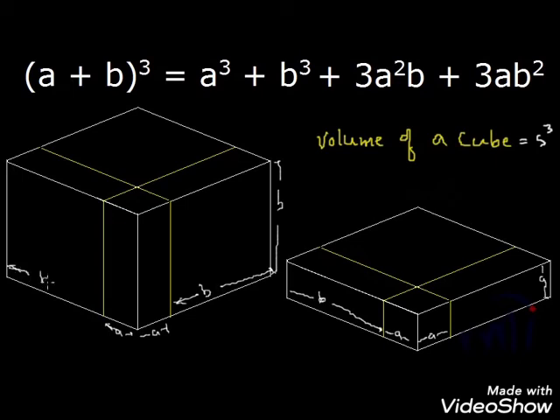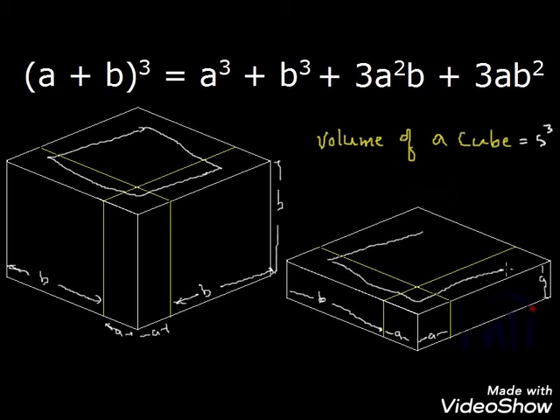This will also be B. So now we have divided the cube of one side A plus B into two cuboids where one cuboid has height as B and this surface is still a square of one side A plus B, right? And this surface is also a square of one side A plus B, right?